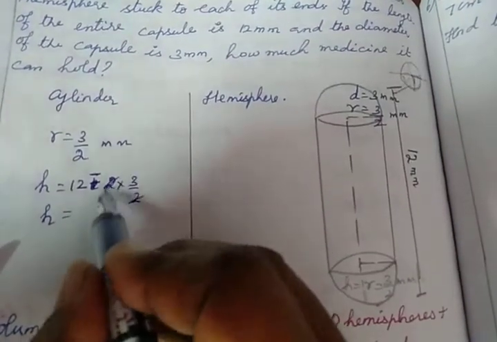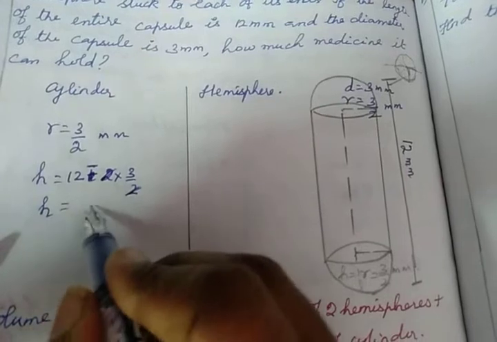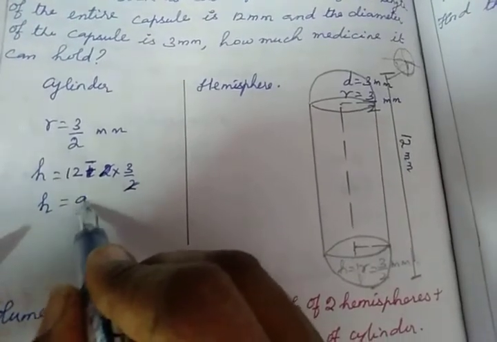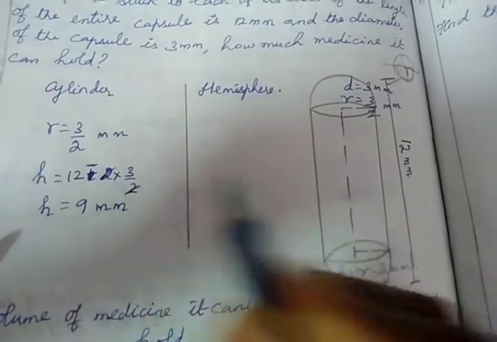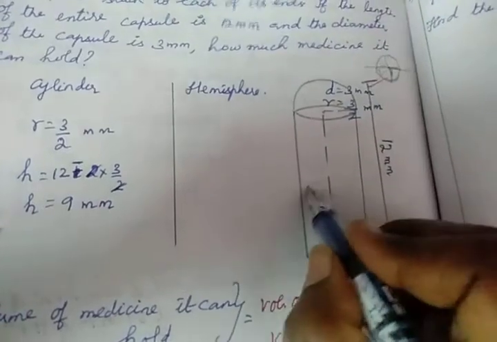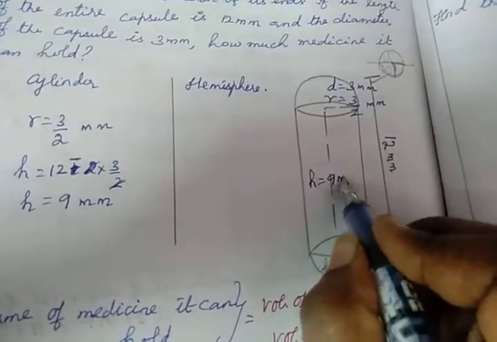So 2 times 3 by 2 is there; this 2 and 2 will get cancelled. 12 minus 3 is 9. So the height of the cylinder I got as 9 millimeter.